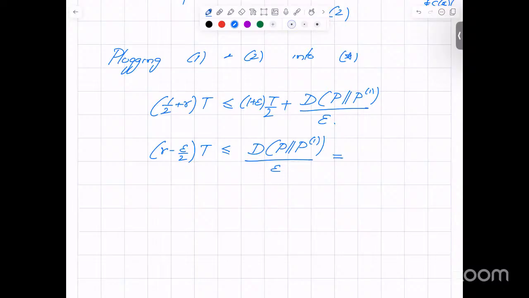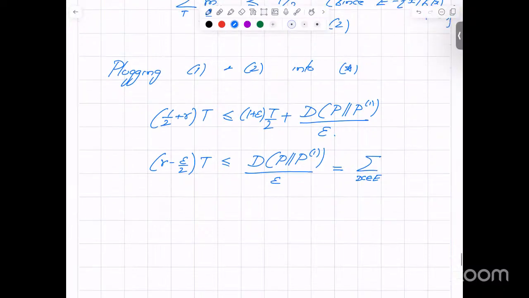What is this? This is summation over X in E. It's a uniform distribution on E. So that is 1 over E, ln 1 over E by 1 over N.